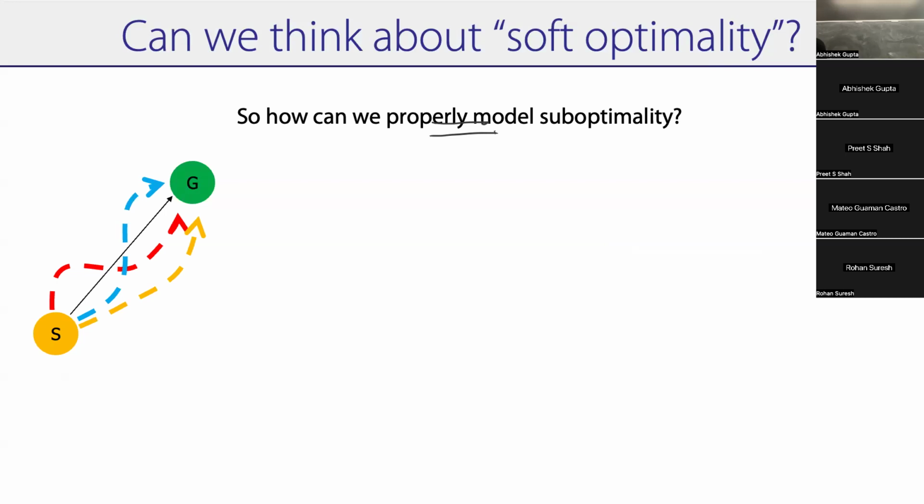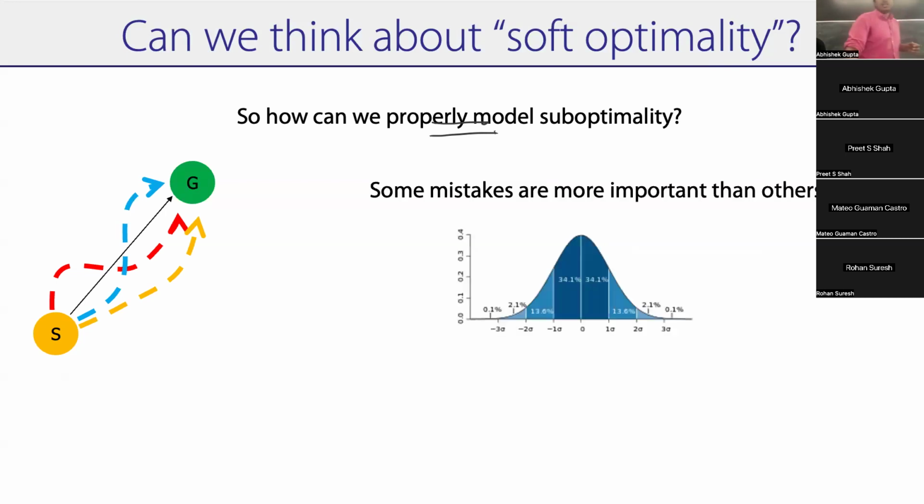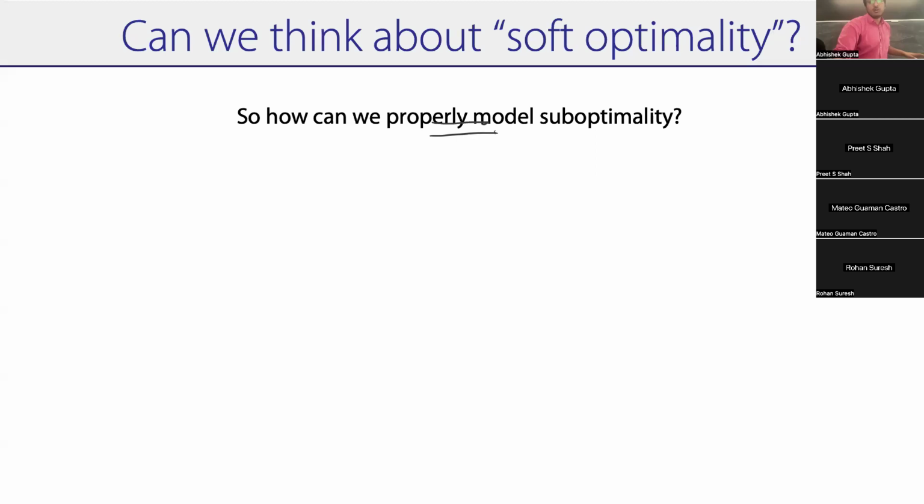But if the behavior ends up by the side here, it's not that unlikely that you do it, right? And so a reasonable model of soft optimality could be trying to model behavior as proportional to the expected reward, right? So rather than relying on a purely deterministic notion of optimality, right?